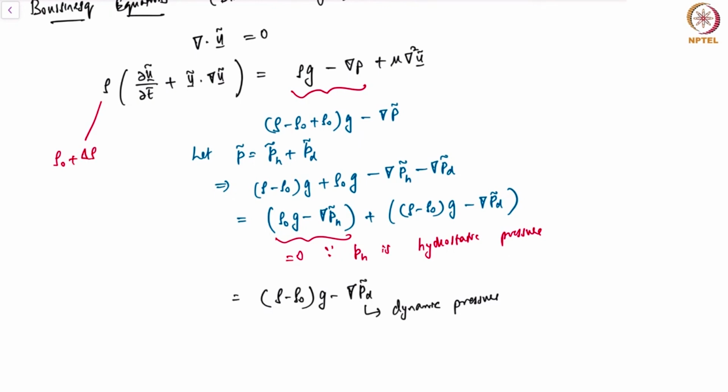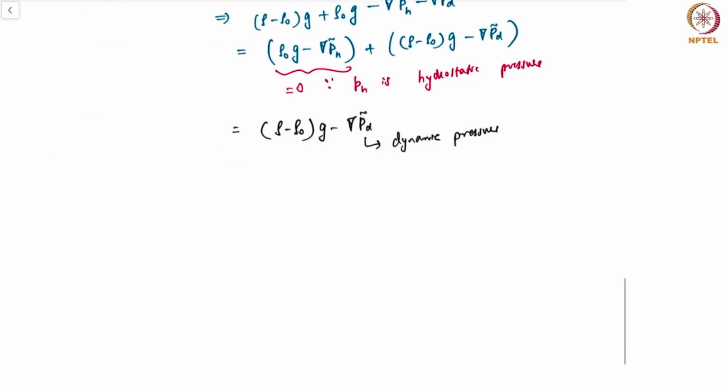And we ignore the fluctuations in density in all terms except the gravity term, and this gives us the Boussinesq approximation. One can systematically analyze the validity and limits of the Boussinesq approximation, but that will be beyond this course. Professor Gary Leal's book on advanced transport phenomena, one of the books recommended for this course, contains a discussion on this topic.